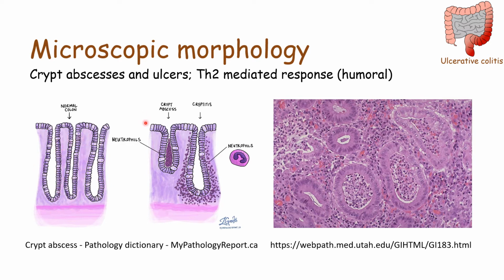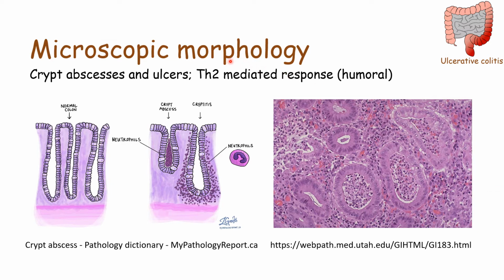In ulcerative colitis, because of the extensive inflammation, we have a lot of neutrophils in the area, and they can end up clogging these pits and forming abscesses. So this here is a crypt abscess. Now in a histology slide, what it would look like. For example, here we have a crypt, and inside a bunch of neutrophils. So this is a crypt abscess.